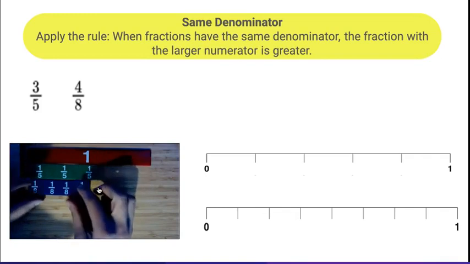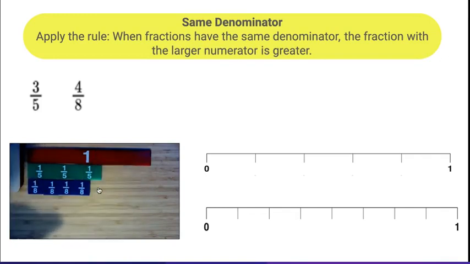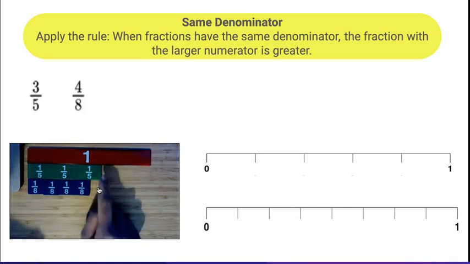So our rule says that when comparing fractions with the same denominator, you can pick the fraction with the bigger numerator. However, because these do not have the same denominator, we can see that even though 4 is more than 3, it is not the bigger fraction.